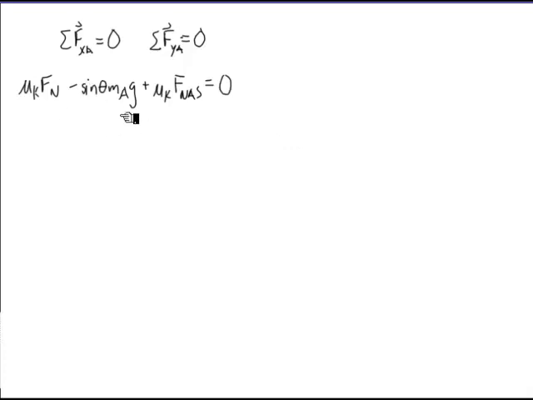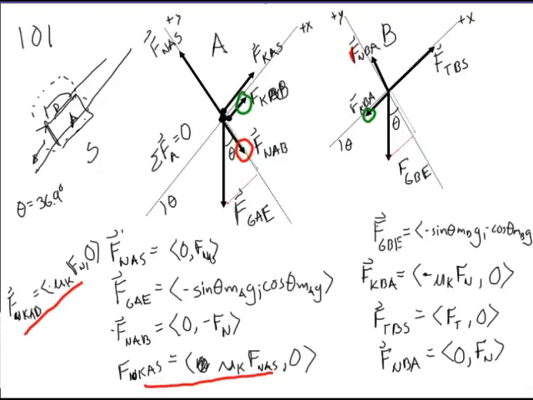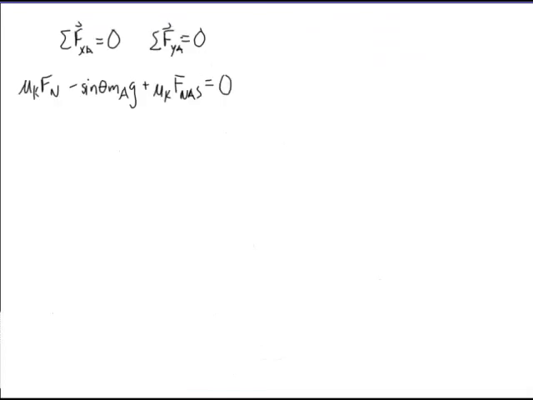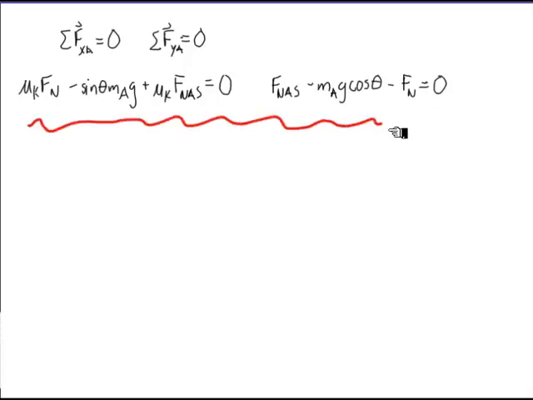So that's all the components on that guy. And the y direction, we have F_N A S minus m_A g cosine theta minus Fn. Okay, now we can do the same thing. So this is for A, so I'll kind of box this out.